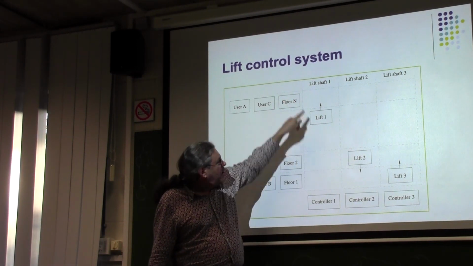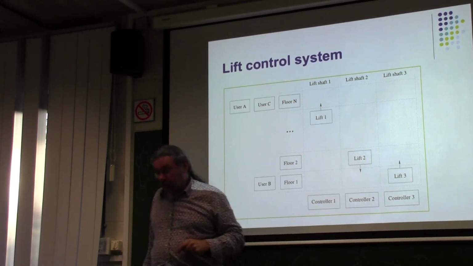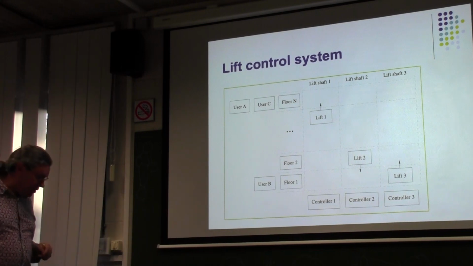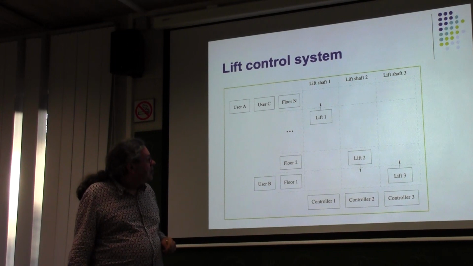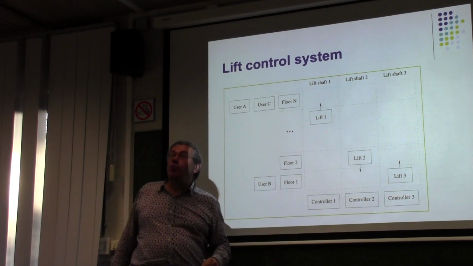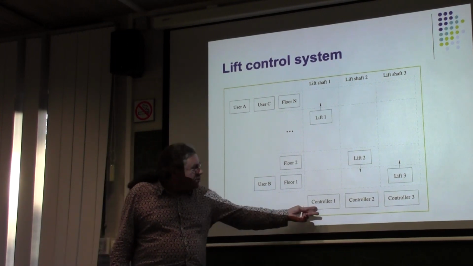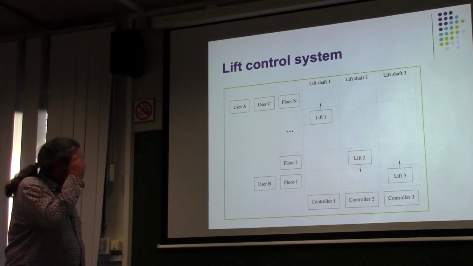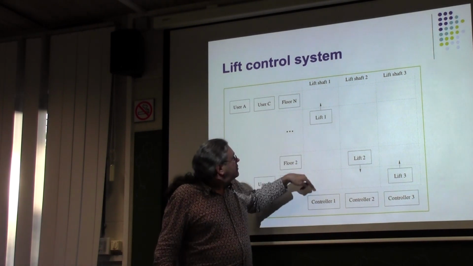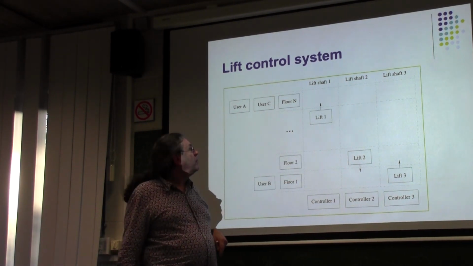There's one controller for every lift shaft. If you look carefully at a real lift system, you will notice that there is a controller somewhere, in the basement, on the roof, or high up. And this one will make the lift go up and down.